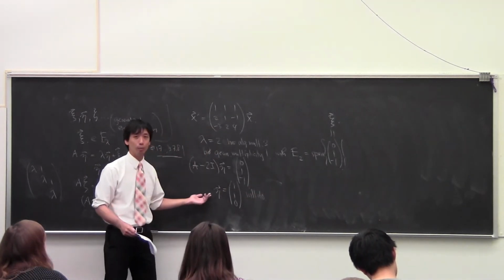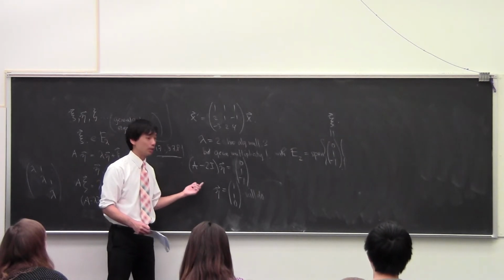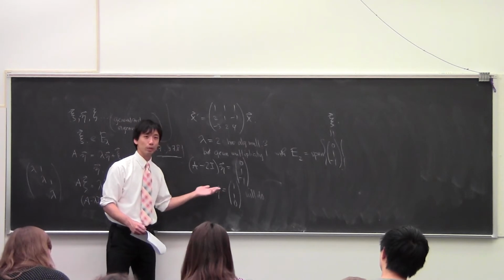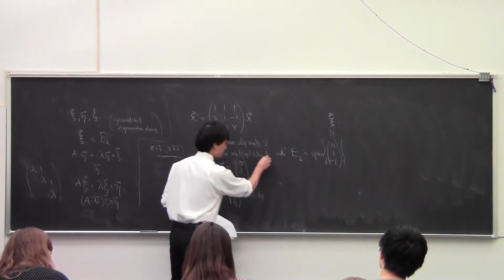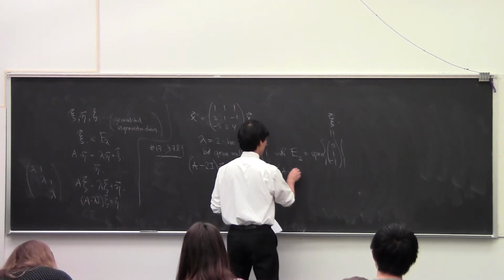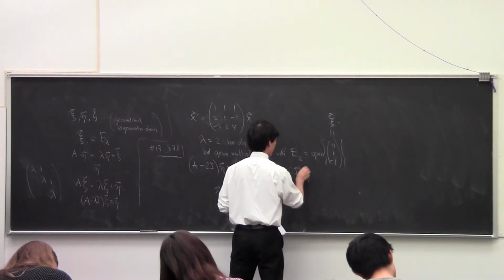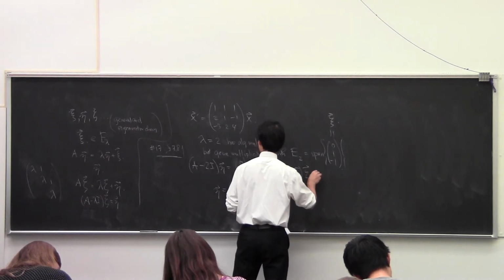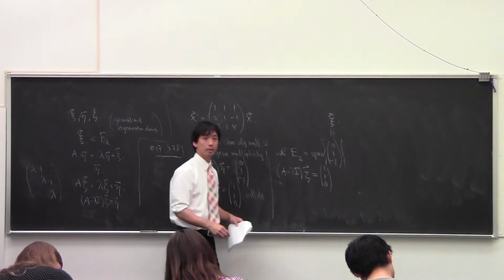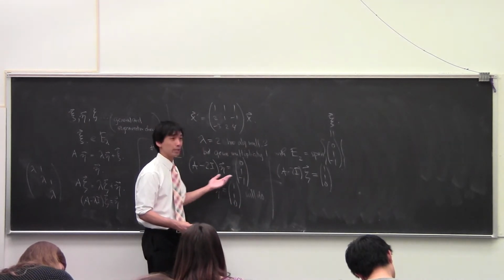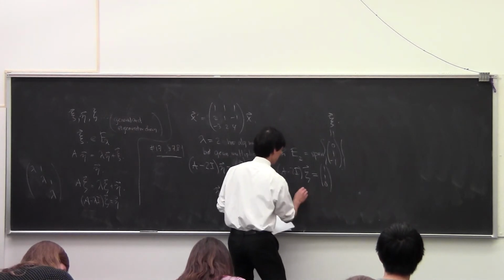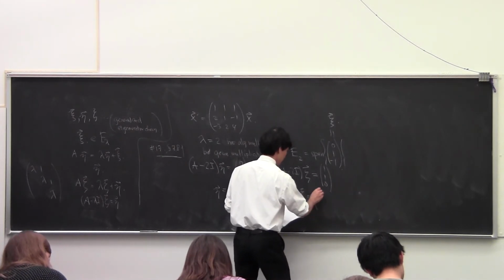Actually, you get a whole bunch of them, with some constant involved, and I'm just setting the constant equal to 0, and here's one of them. Then you do the same thing: A minus 2I zeta, set that equal to eta, because we wanted the next guy in the chain. And we get zeta as 2, 3, 0.